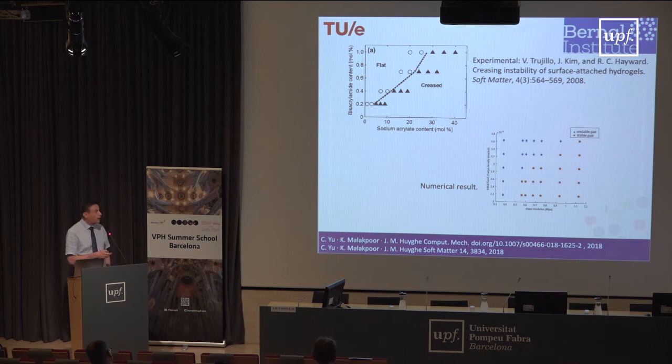And you can actually verify also experimentally that the phenomena that you calculate correspond to what you measure. You can plot one relative to the other, the swelling propensity and the stiffness, and then you get one side of the curve where there is surface instability and the other side where there is no surface instability. And same thing with the numerical result, stiffness versus swelling, and one side is unstable and the other one is not.